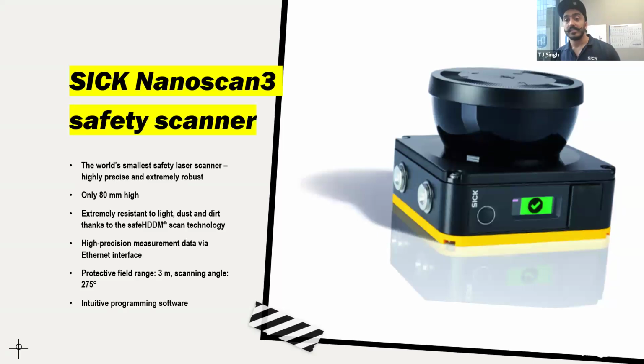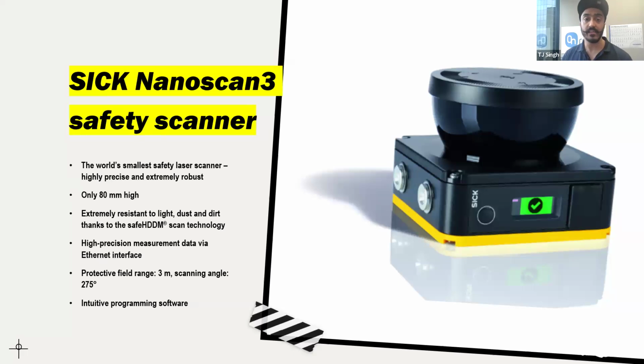So the very first sensor is a safety scanner. I hope everybody's familiar with it. If not, I have a quick slide to explain how safety scanners work. But ultimately, what they do is guard a certain perimeter, either horizontally or vertically, and safeguard people from any hazardous situations.